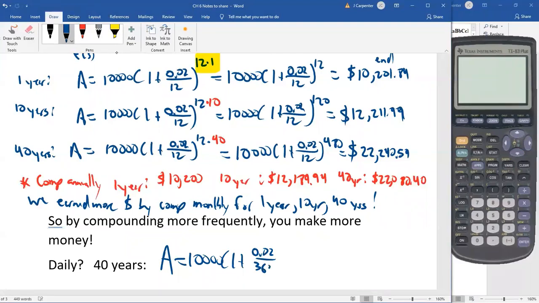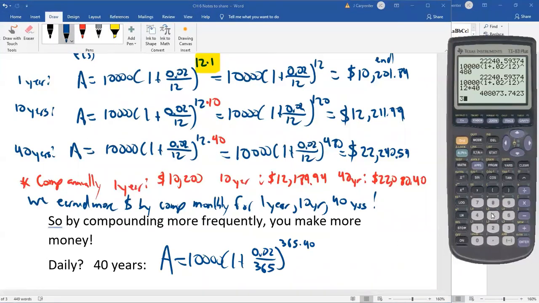We're going to daily, there's 365. I was saying 3 when I was supposed to be writing 5. That threw me off. There's 365 days in a year. So the exponent would be nt, 365 times 40, which I'm going to have to do just to save some time. So our exponent is 14,600.